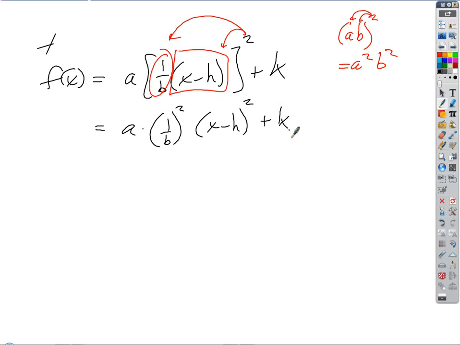Everybody agree? Because I've got this factor times that factor, and if I take a product to a power, I can always write that as the product of the separate powers, right? It doesn't just work for squares, it works for anything. In general, we can say a times b to the m equals a to the m times b to the m, right?